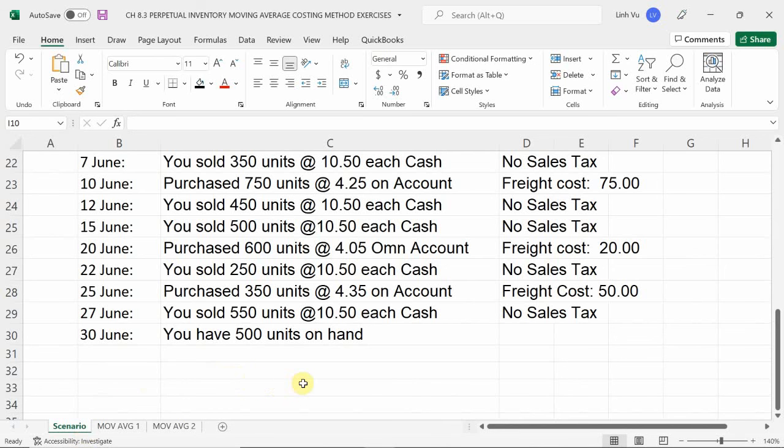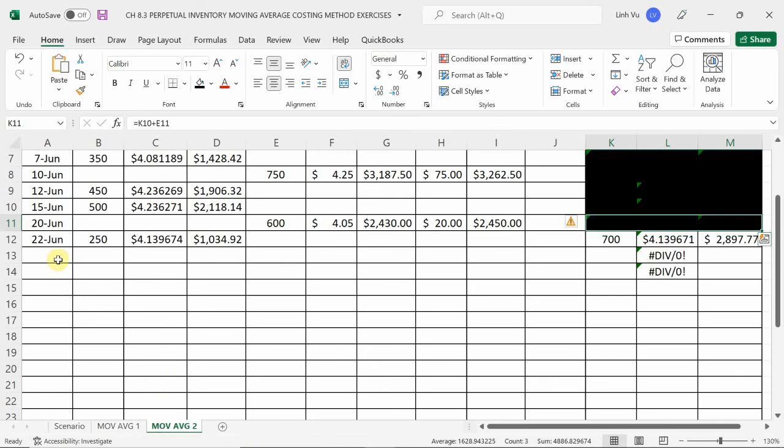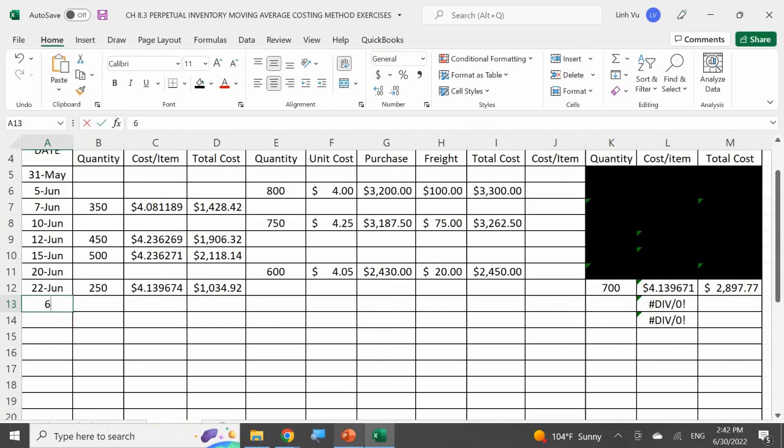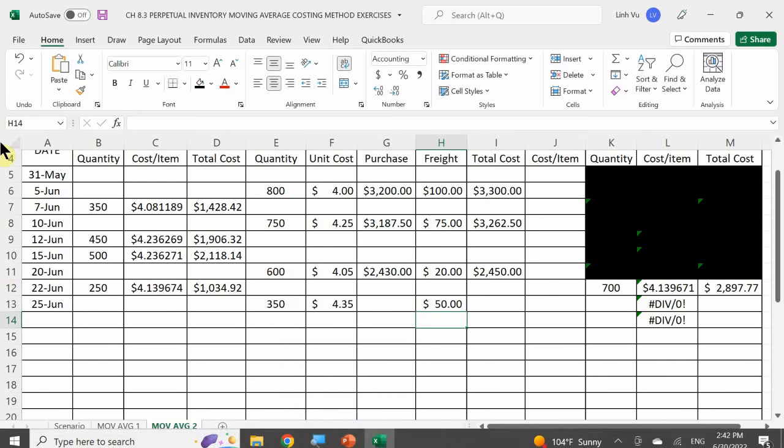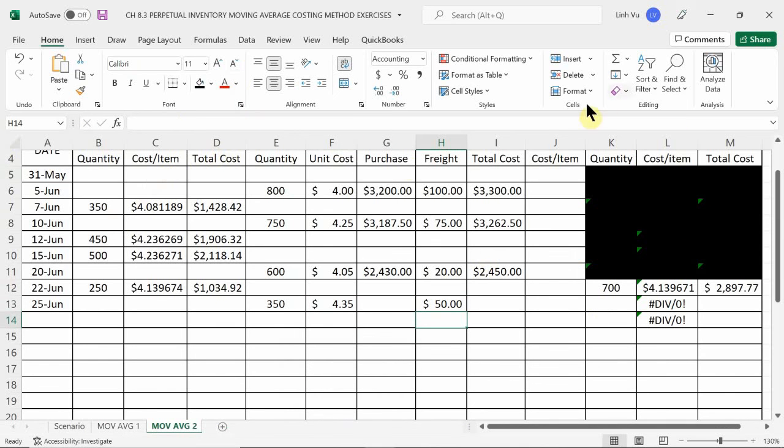June 25th, we purchased 350 units at $4.35 each with a cost of $50 for freight. So 350, 435, and 50. So we got a expensive unit cost and expensive freight. So purchase price, $1,522.50.